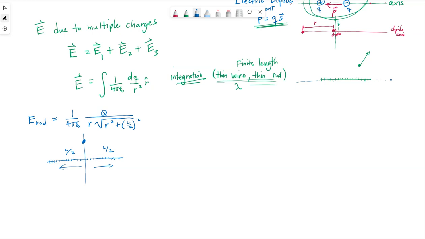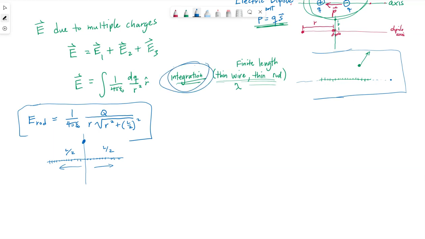So if you know the point you are interested in is exactly in the middle, then you can use this equation. But if you see something like this over here on the right where the point is not exactly in the middle, then no, you will need to integrate because this solution over here won't work. Now Q is the total charge on the rod.